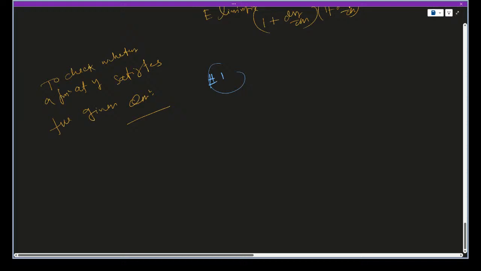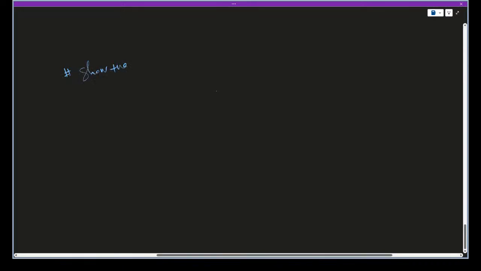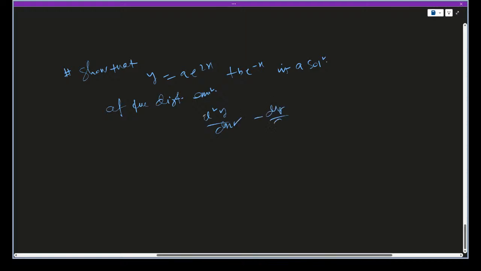They have asked you to check whether y equal to a e to the power 2x plus b e to the power minus x is the solution of the differential equation d square y by dx square minus dy by dx minus 2y equal to 0.